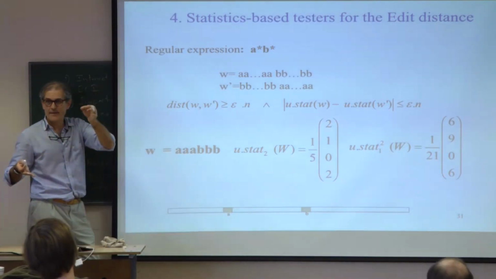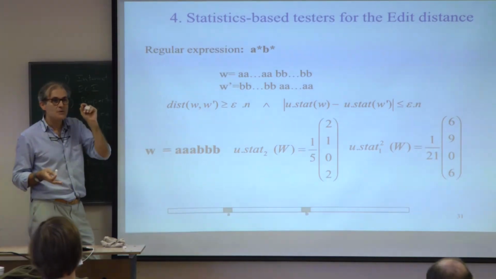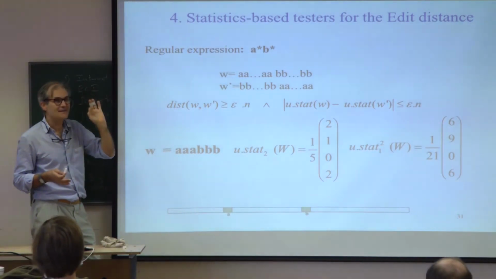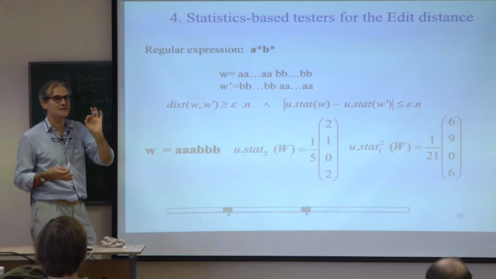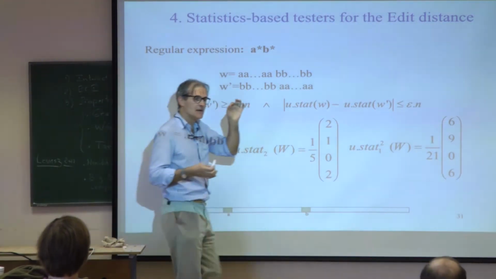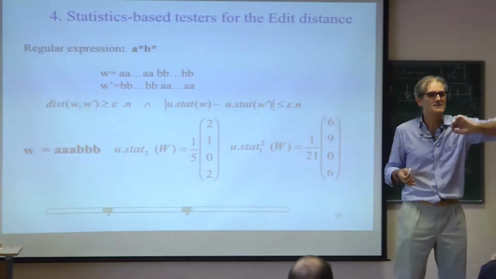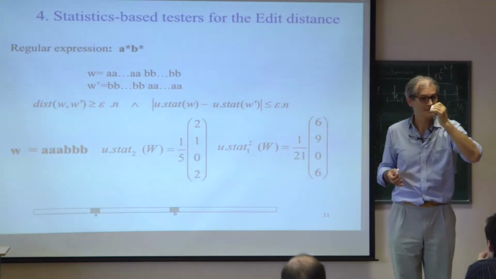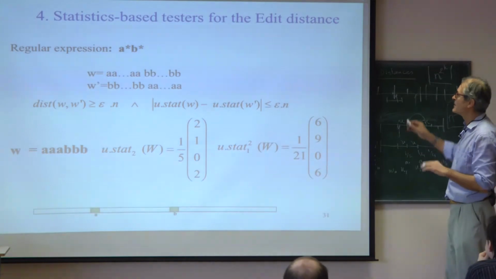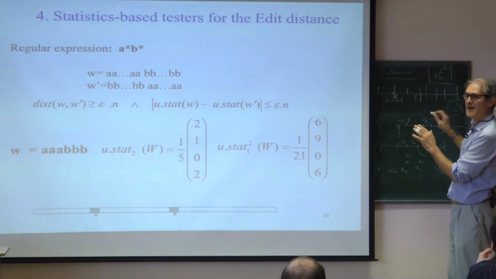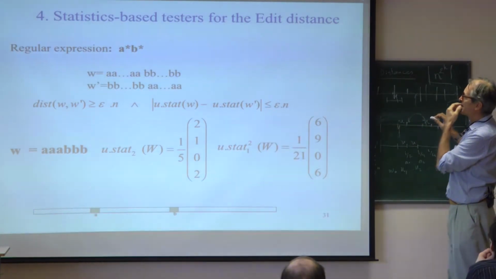And this depth is going to define the order of the statistics you want. In other words, the claim is if depth is 17, then you do U stat to the 17. Okay? And then you will essentially have the same thing. Okay? So that's what I want to show.